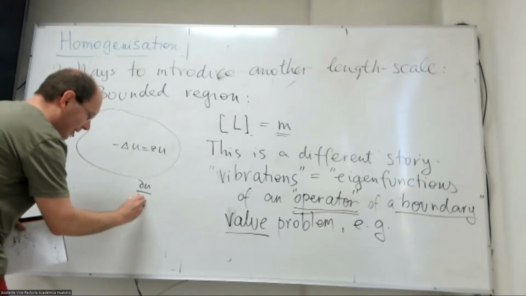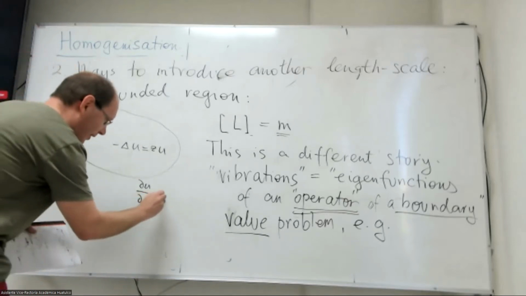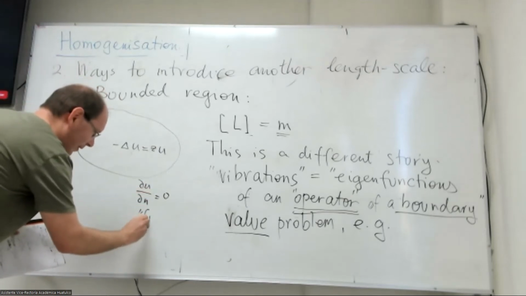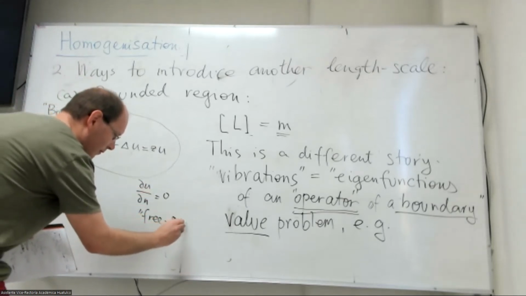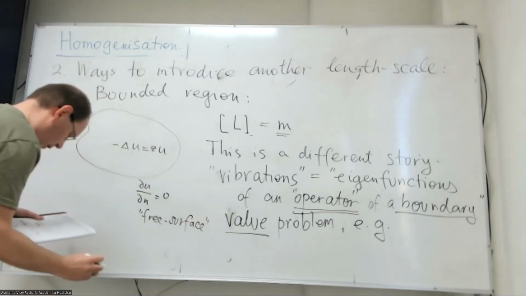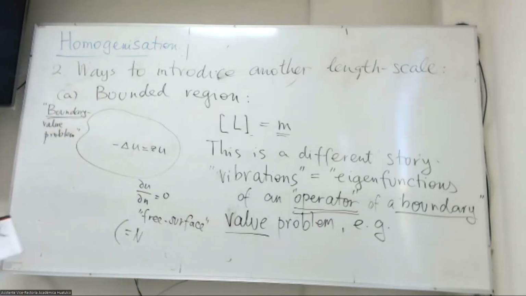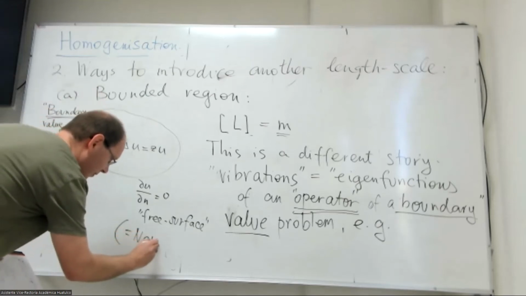So probably it will ring bells for some of you. This condition is the so-called free surface, or maybe a bit more specialized, the term Neumann boundary condition. Neumann condition.